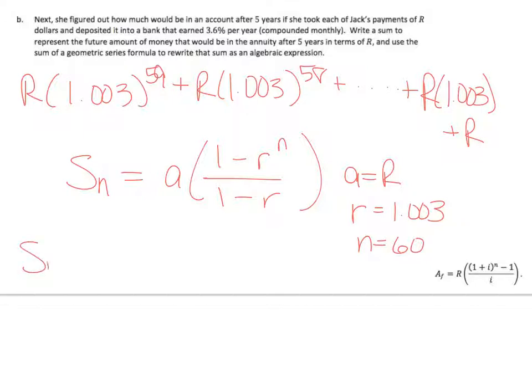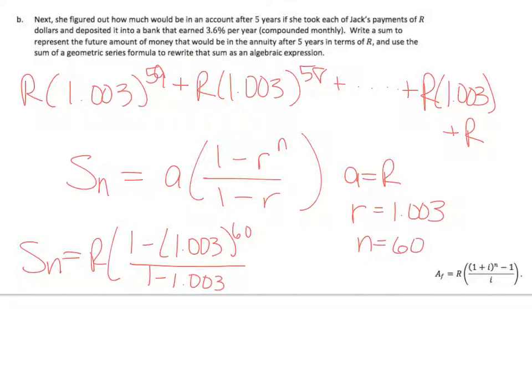We get S sub n equals R times 1 minus 1.003 to the n over 1 minus 1.003. And you remember we messed with this equation last lesson and simplified it to look like this.